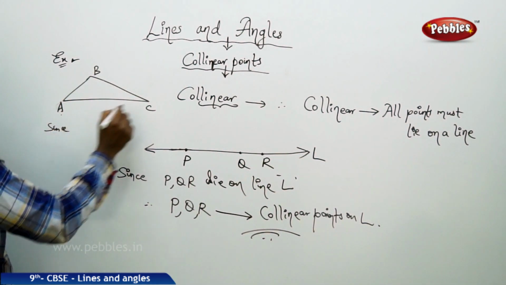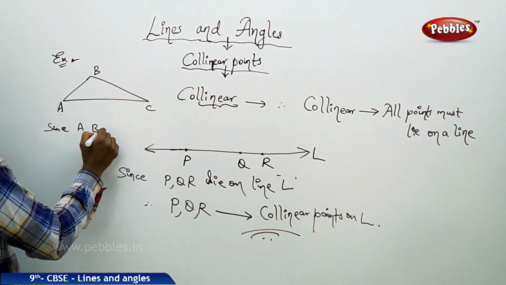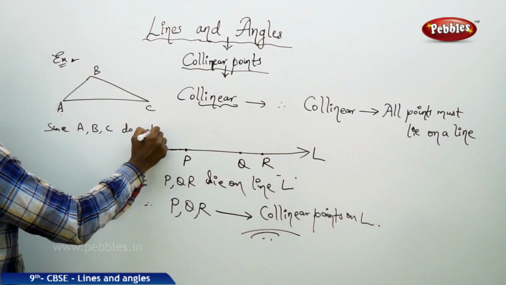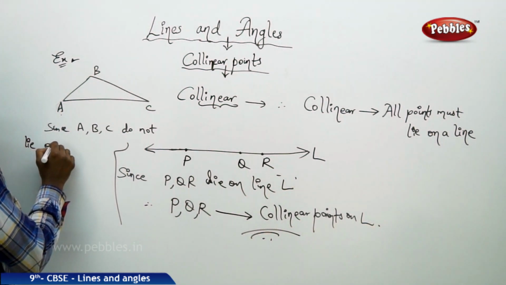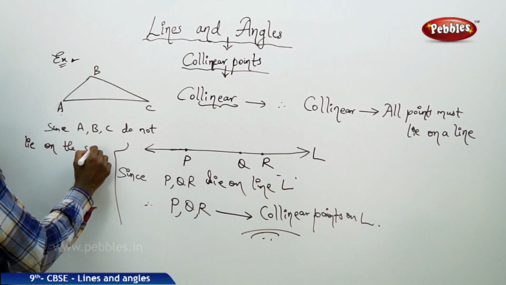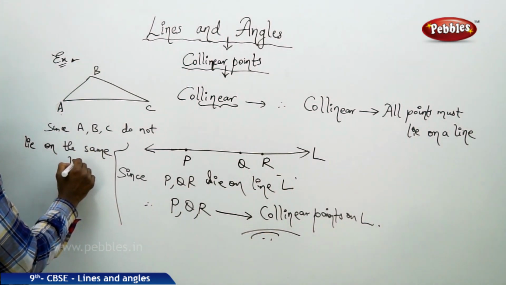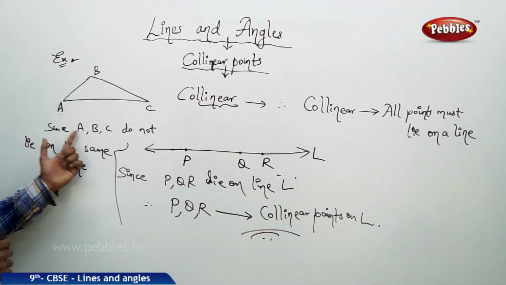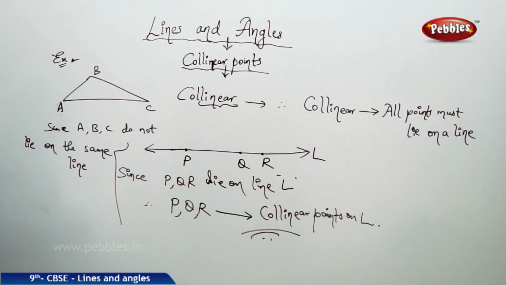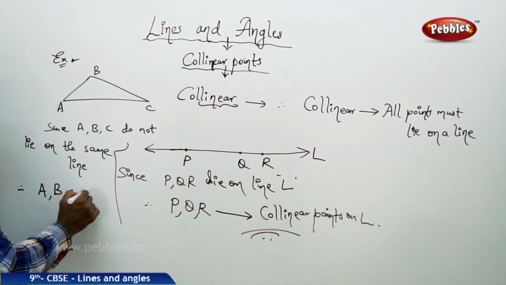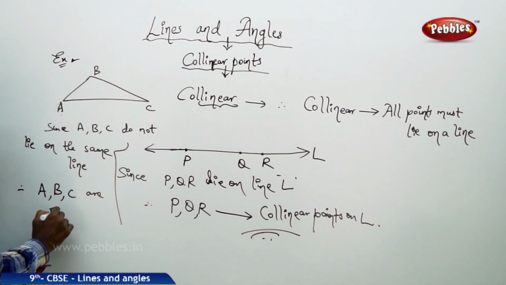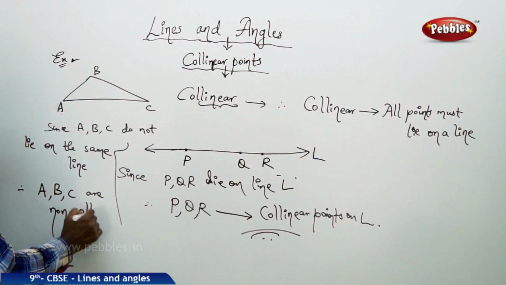Since A, B, C do not lie on the same line, therefore A, B, C are non-collinear.